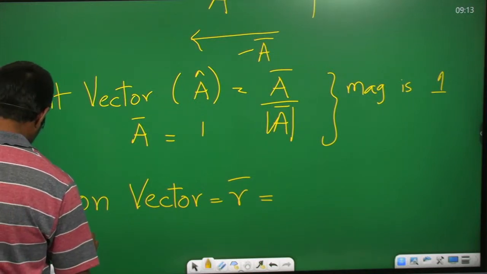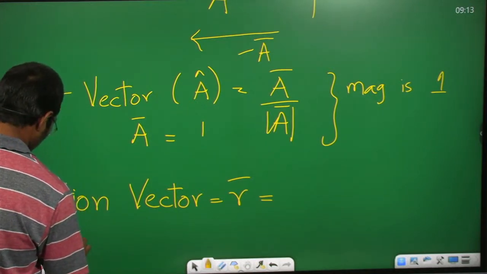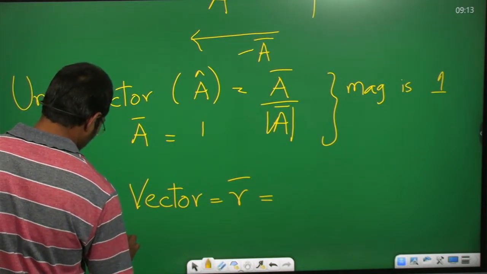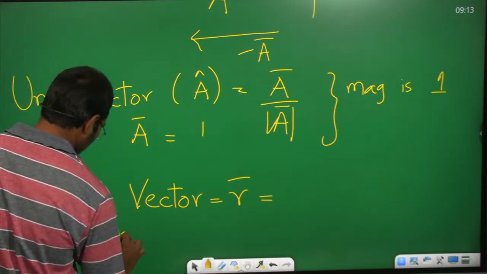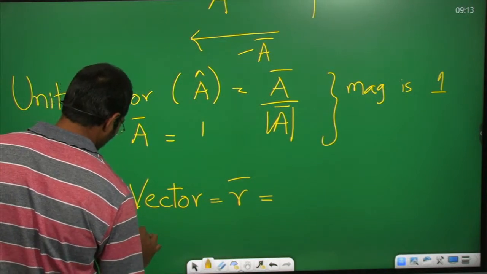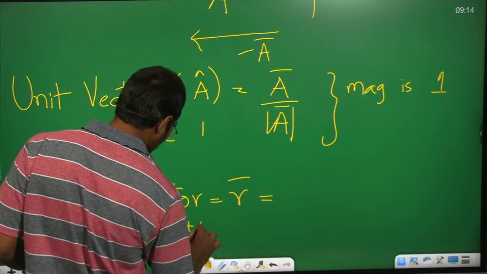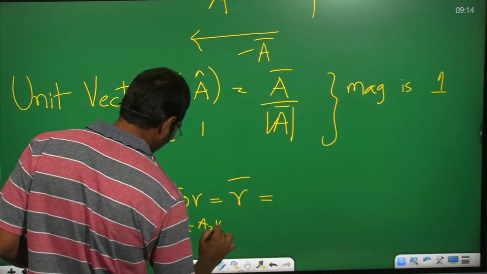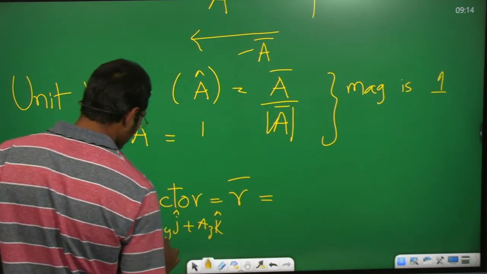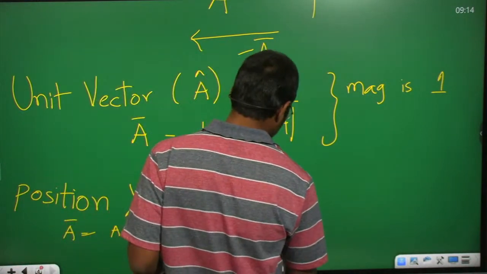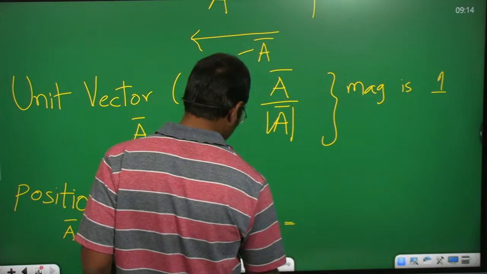So how do you represent the magnitude of vector a bar? Let us consider it as a x i plus a y j plus a z k. I am giving you time so that you will fill the blank and check how far you are correct.